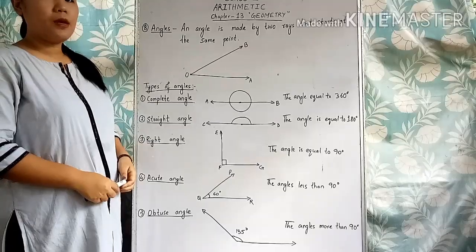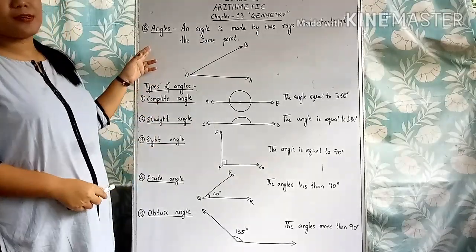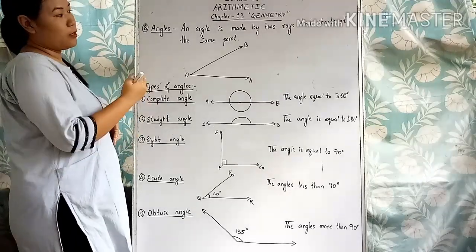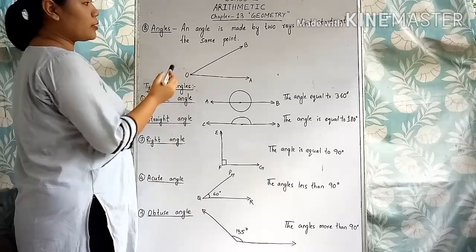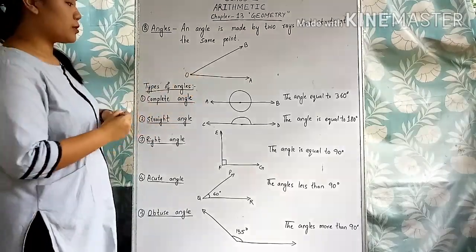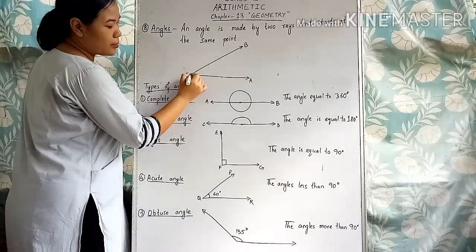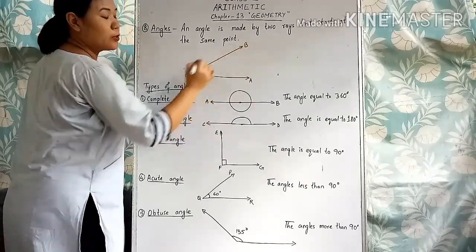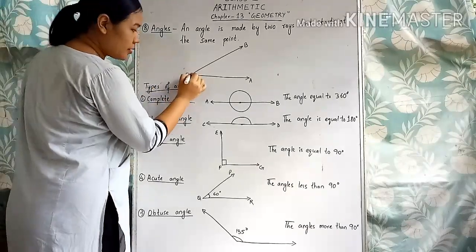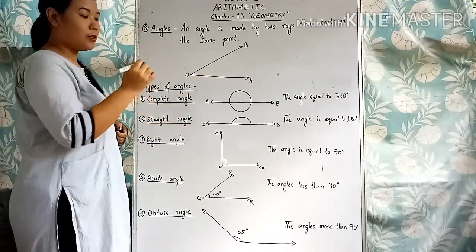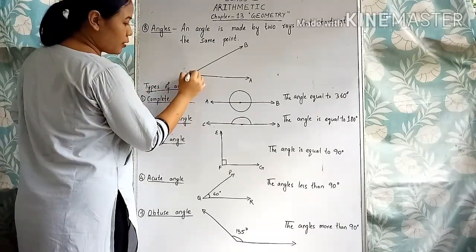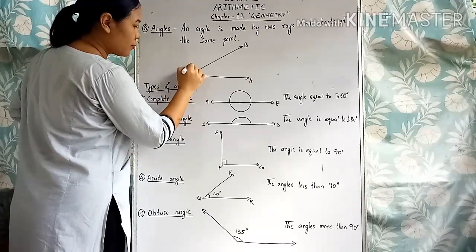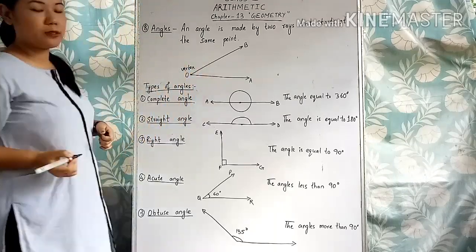Understood, children? Now let us understand what are angles. You have learned in class 4 also, but we will learn again. Now an angle is made by two rays. As you can see here, this is the point. It starts at one point and it is made by two rays, okay. And this point at which the line starts is known as the vertex, okay.